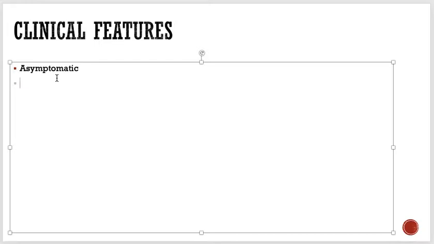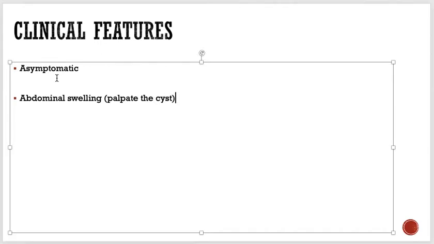When the cyst becomes too large, there could be abdominal swelling because the cyst is very much enlarged, and this is the time when you can palpate the cyst or the liver, because the liver is enlarged.